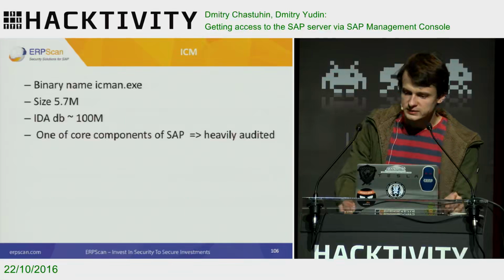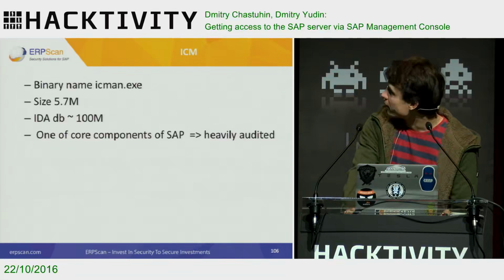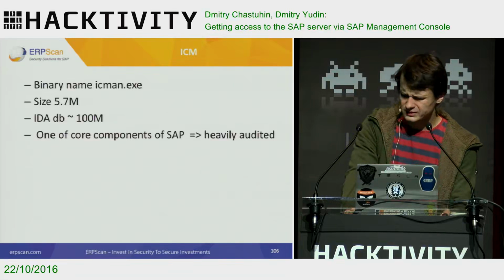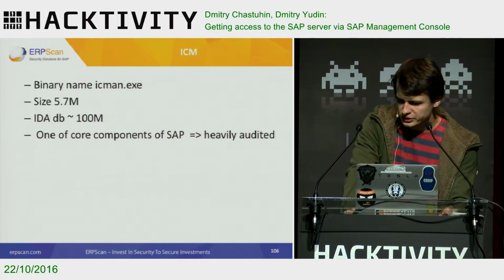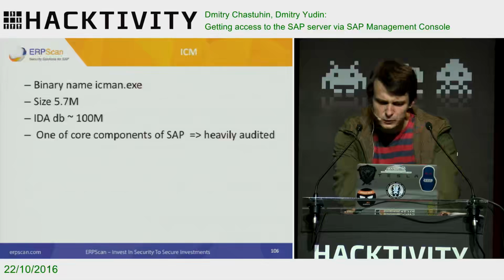On this slide, you can see some information about the binary file. It has a size of almost 6 megabytes. And because it's one of the core components of SAP, available via HTTP, probably it's heavily audited.